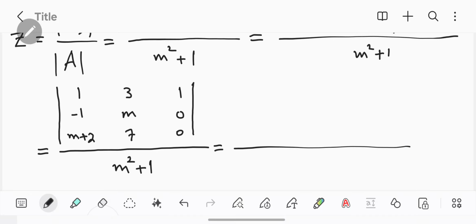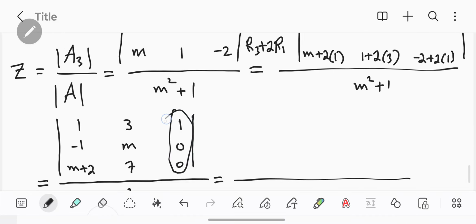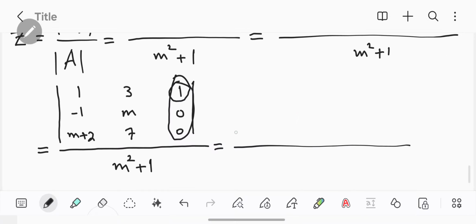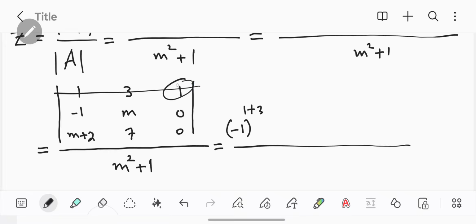Now I have to expand the determinant along this column. If I expand this determinant along this column, first of all, I will write this element times its cofactor. So I will write minus 1 to the power 1 plus 3, because this element is in the first row and third column.